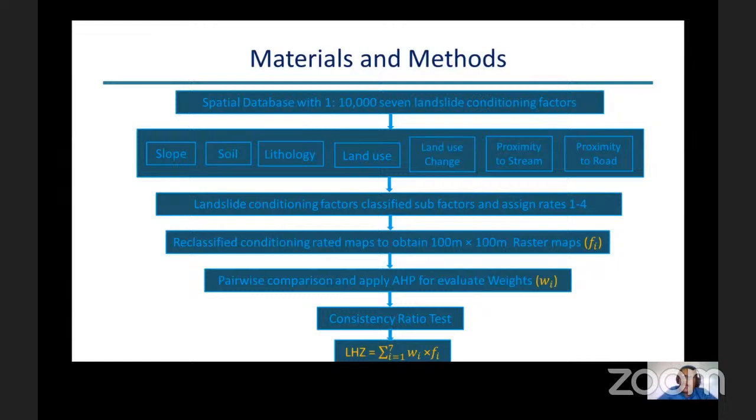But we need to check the consistency of assigned weights, so we checked it using the consistency ratio test. Finally, we got the landslide hazard zonation map by using the last equation, summation of i equals 1 to 7 of Wi times Fi.